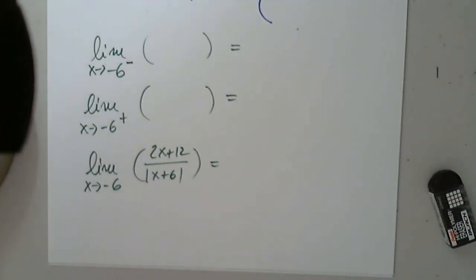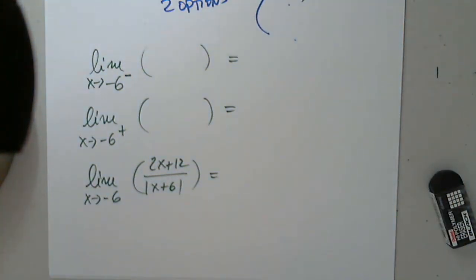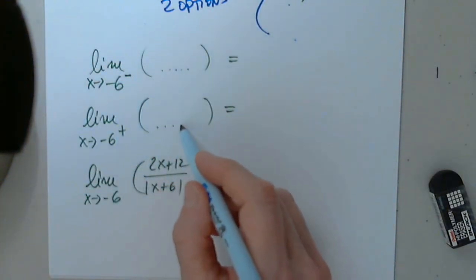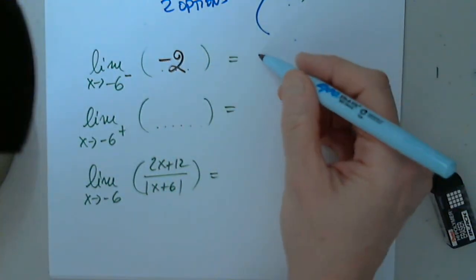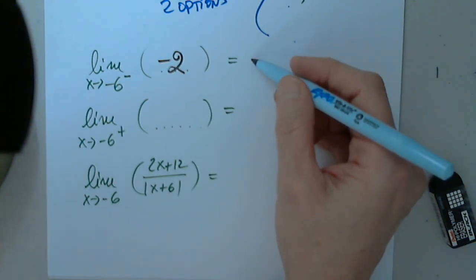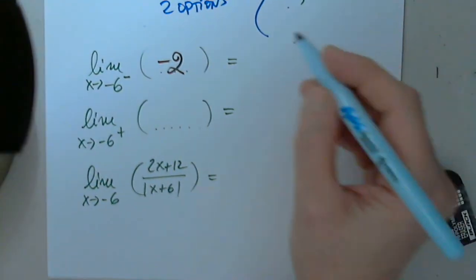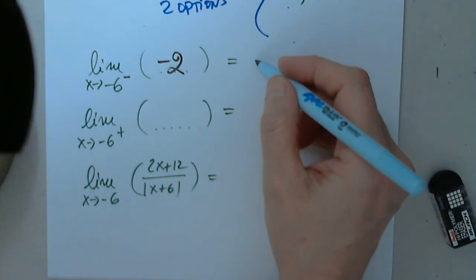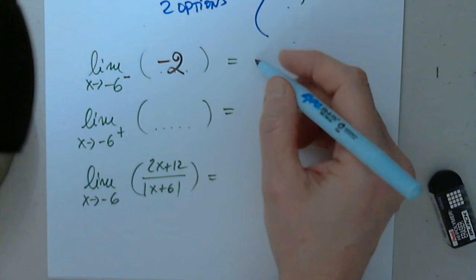Who can tell us the first one? What do I put here? Negative 2. Of course. And what is the limit? We just talked about the limit law. What does this equal to? Negative 2.